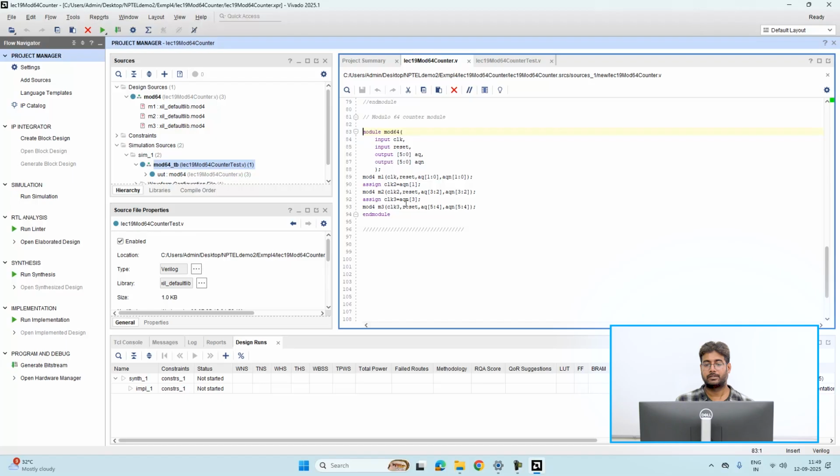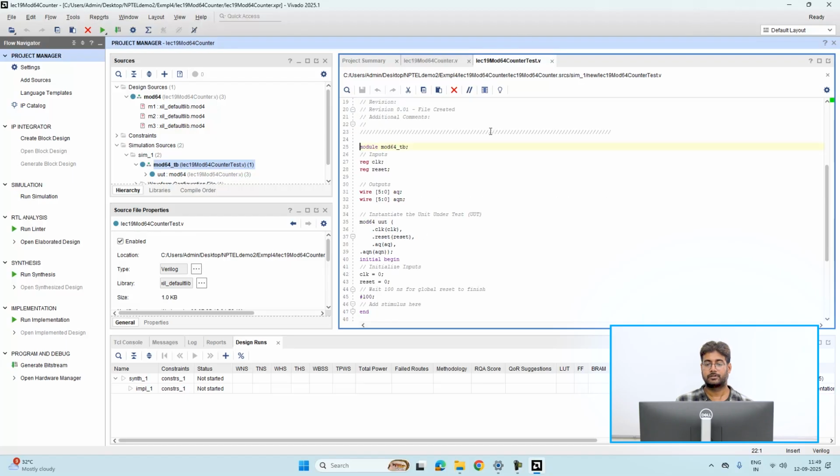And then AQN's fourth bit goes as clock signal to the third mod 4 counter, which gives the output as AQ45, meaning the fifth and the sixth bit. So overall the output would be AQ 5 to 0. Two bits will come from M1, the next higher 2 bits would come from M2, and the highest 2 bits will come from M3.